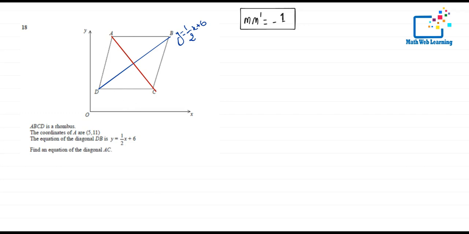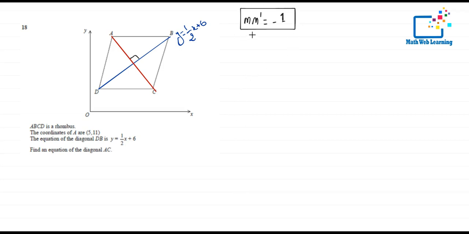Now you should know one of the properties of diagonals in a rhombus. One of the facts is that the two make 90 degrees. What it means is that the blue line is perpendicular to the red line, or the diagonals are perpendicular. That means they meet at a 90 degree angle. So that is a good start.